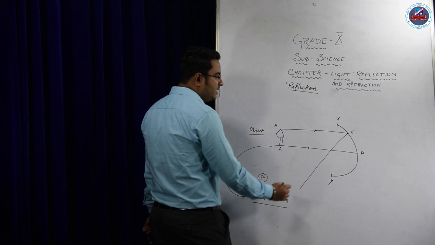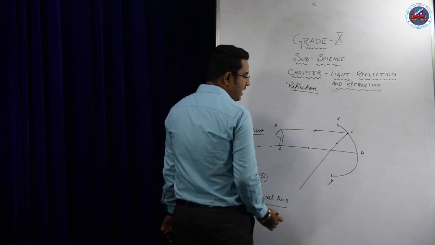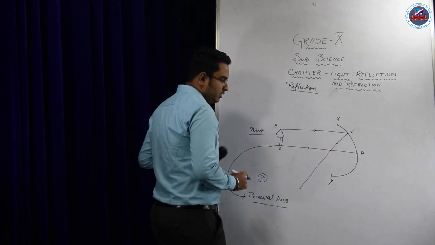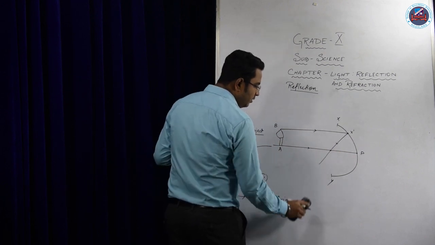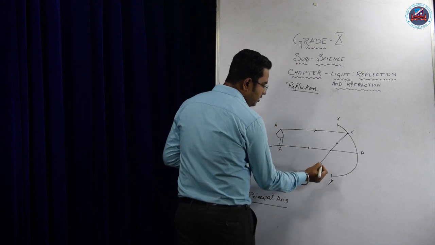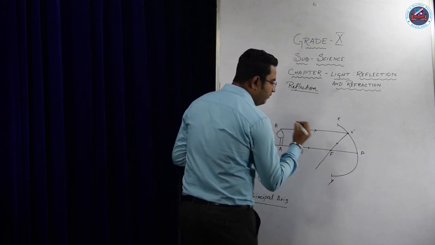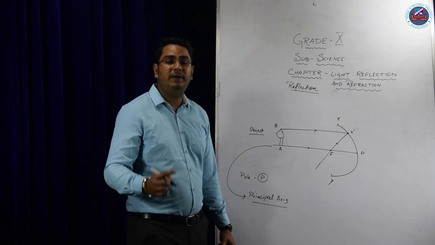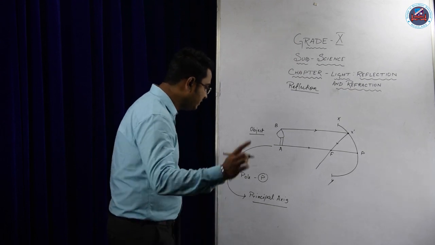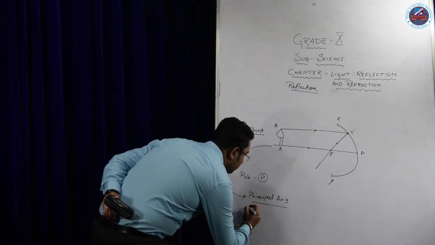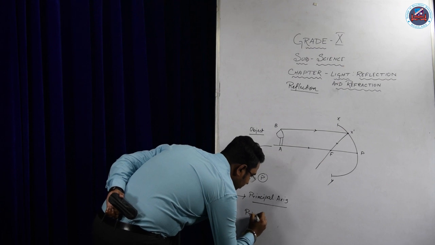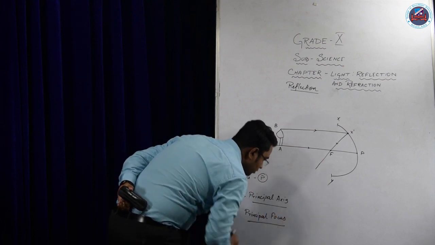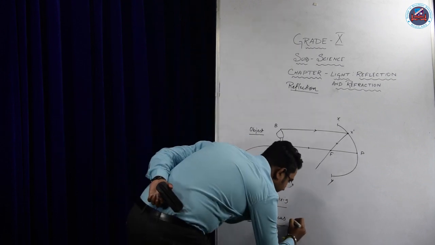Now the reflected ray which came from the candle has intersected our principal axis somewhere at this point. This point will be called the principal focus, and it will be marked with capital letter F.